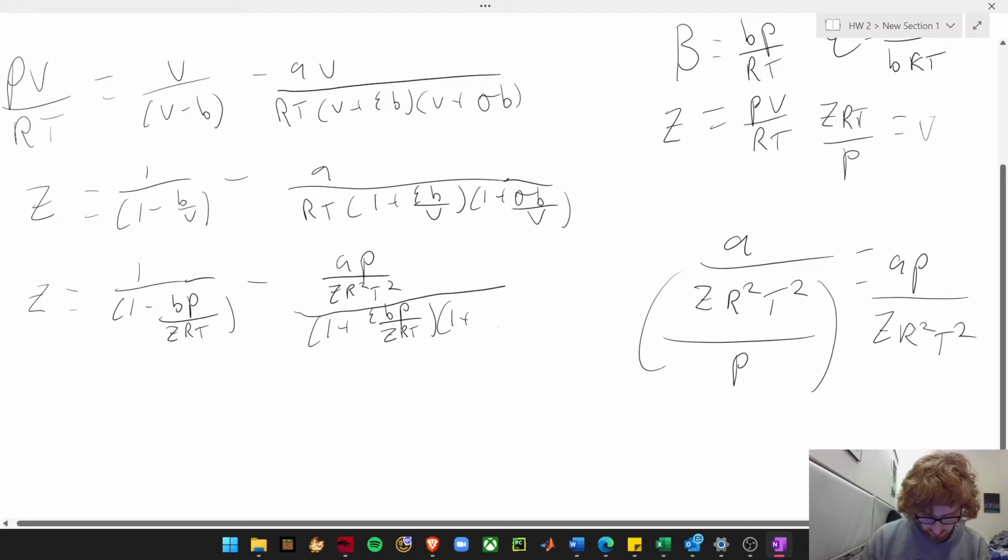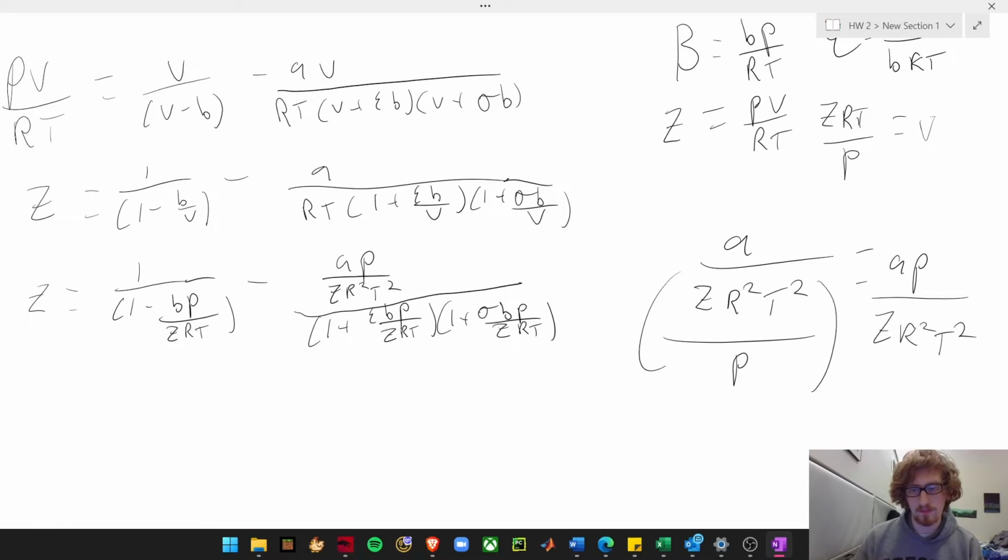I wish this thing would let you just draw a line, you know. We have sigma BP over ZRT. So now we can start finding ways to plug in our beta and our q to simplify it a little bit more.